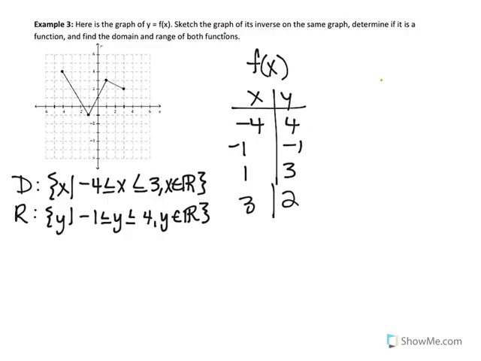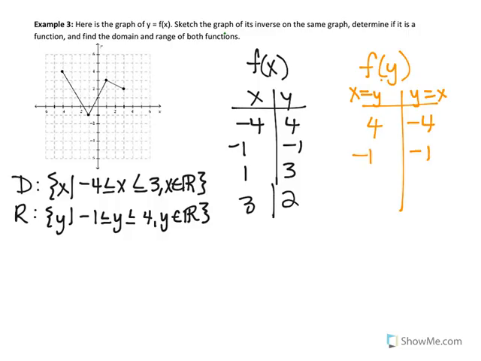Which means that on our inverse function, which is f of y, we're going to say our x is equal to our y values, and our y is equal to our x values. So we have 4 and -4, -1 and -1 doesn't change, 3 and 1, 2 and 3.